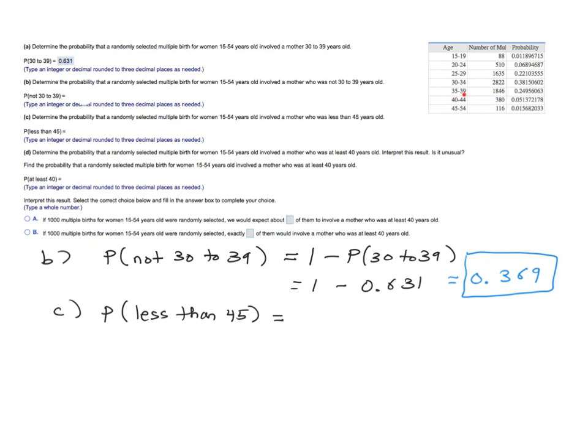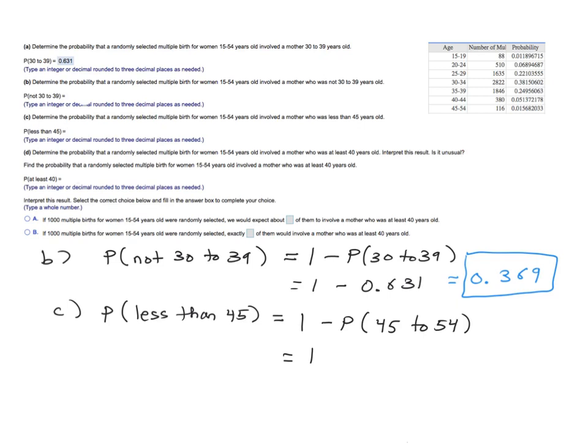One way to do that would be to add up the probabilities from here up to here, not including this last one. But a faster way would be, if you took 1 and subtracted this number, that would be the same thing as adding up the previous values. So that's what I'm going to do. I'm going to solve this by taking 1 and subtracting the probability of being 45 to 54.